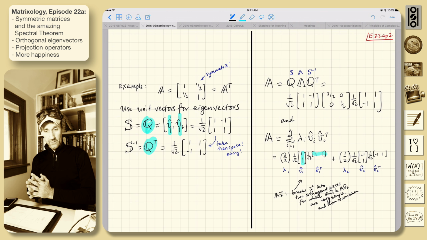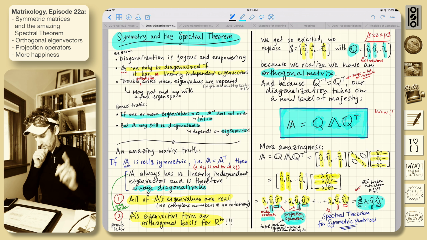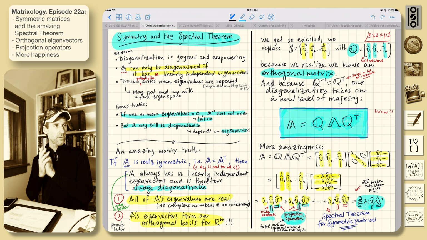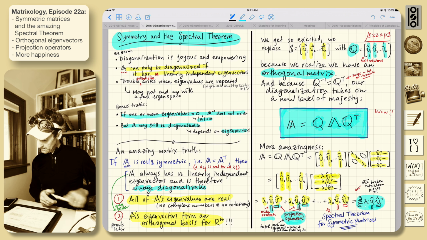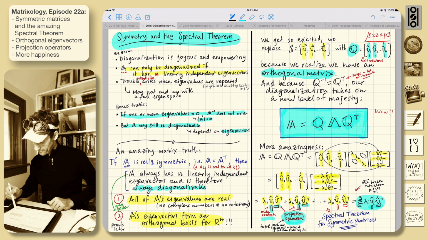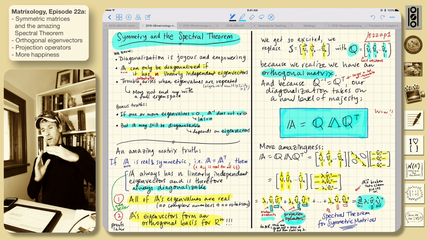Okay, fantastic. We've gone from S lambda S inverse to now Q lambda Q transpose. Beautiful story, works for real symmetric matrices. And there are generalizations, but that's what we're working on now. And you can write it as these matrices, or even more economically as some outer products.